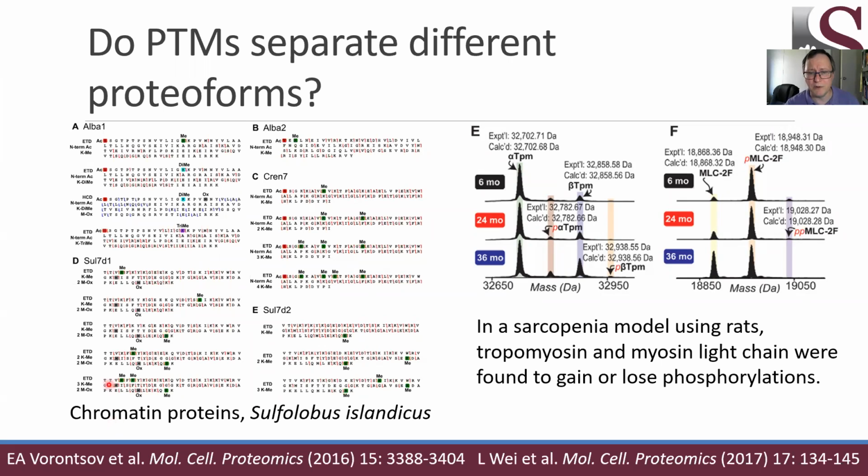So here we see that we've got 5 different proteins that are all known to interact with the DNA in this archaeon, but they note a confusing, complex set of PTM variants, which each represent different proteoforms.